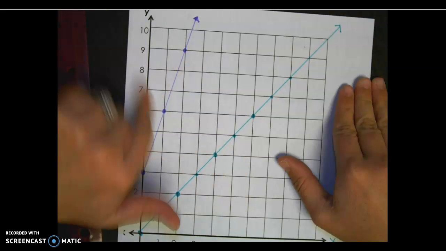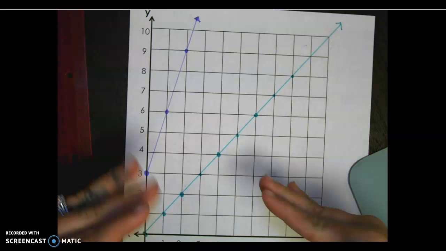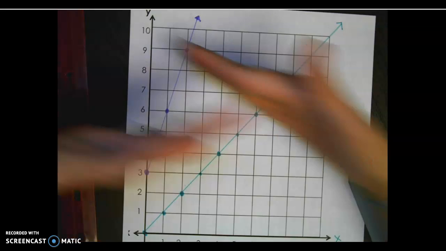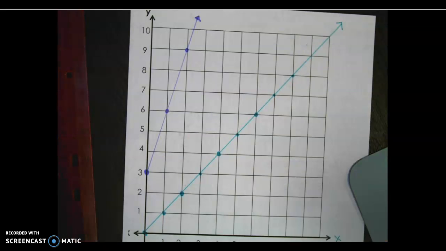So I could color this in, I could color this piece in, and I could color this piece in. Once you start graphing the other graphs, you'll see that it makes a giant, kind of like spiderweb-esque type thing, and you can create a stained glass. If you would like to color it in and send it to me, absolutely do so. But get started on this.